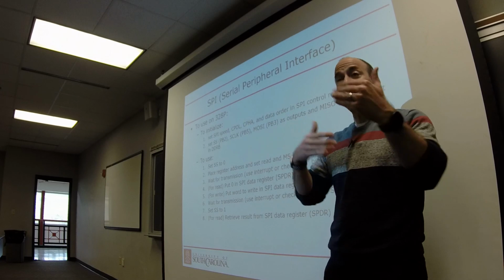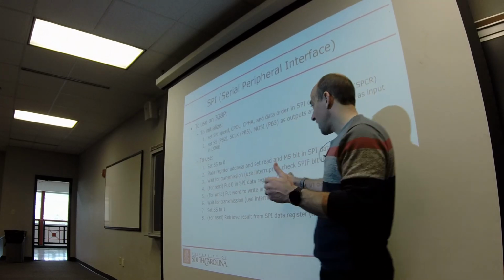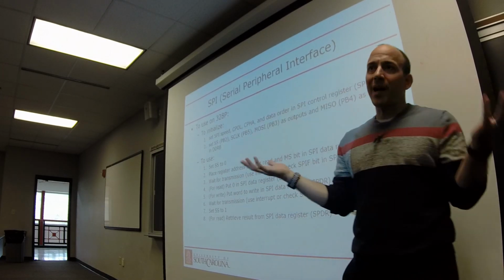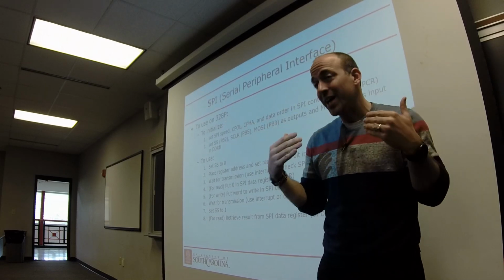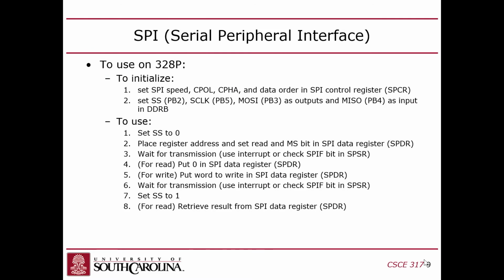Putting any byte in there will initiate the SPI transaction, which will pull back the byte that you were trying to read from the slave, right? You guys with me? On the other hand, if you're doing a write, then you would just put the data that you're writing in there, right? And then you would get back a byte from the accelerometer, which you're supposed to just ignore.